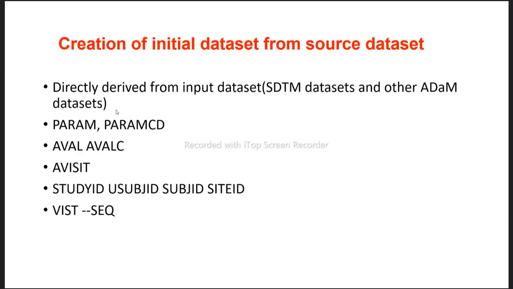Then once you create the source data set, we create PARAMCD. Then we create AVALC. And whatever visit we have, we change that into an analysis visit. And of course, we are going to have study ID, USUBJID, subject ID, and site ID. Then we should have a sequence variable. So first of all, we should create all the important necessary variables that we can create.